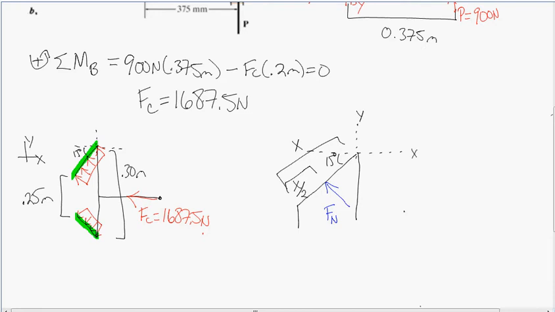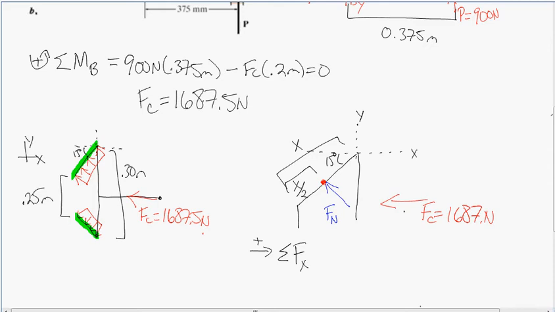And there still is the force from C acting here. So now we have enough information to solve for the normal force. This normal force here represents the sum of all the normal force vectors that act at this particular radius right here, going all about the circumference of the clutch. So we just use an equilibrium equation.